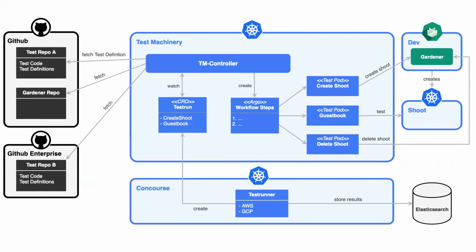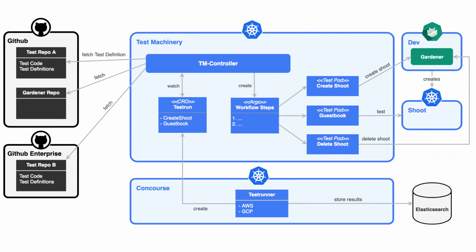And the test runner tests these different environments that I already mentioned, like different versions and different cloud providers, and then writes the results of these tests to Elasticsearch. This is our central reporting environment. We want to have everything in one Elasticsearch database to later have Kibana dashboards and see what's going on in our landscape.